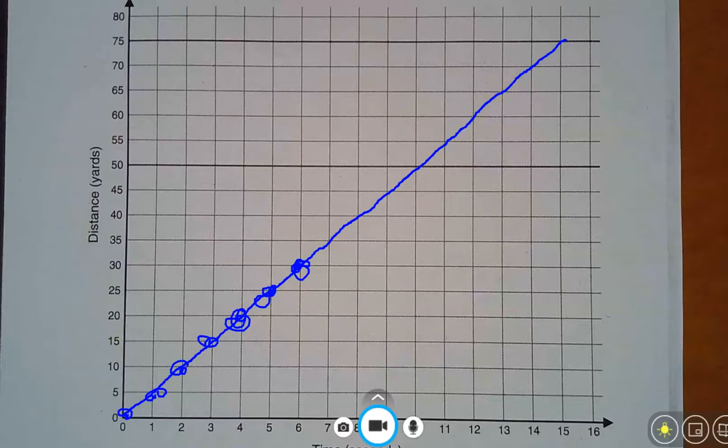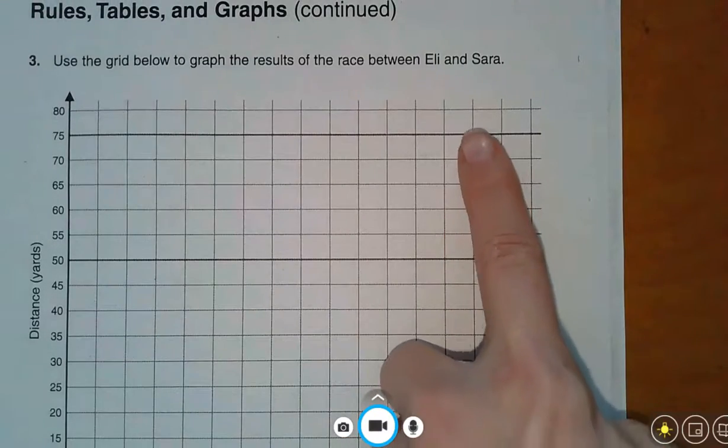I would need to do something similar for Sarah, and that would help me to explain who I expected to win, and it would also let me say, oh wait, I've got to 75 yards.